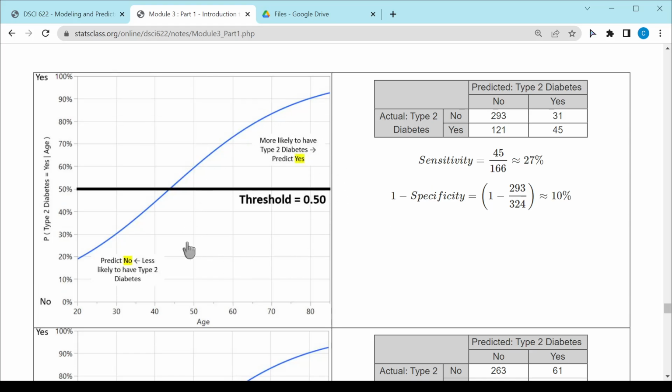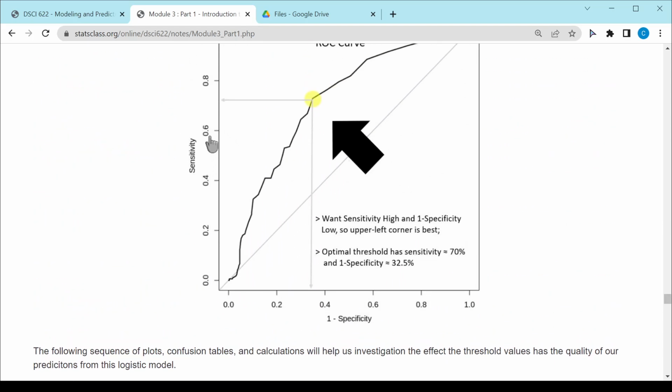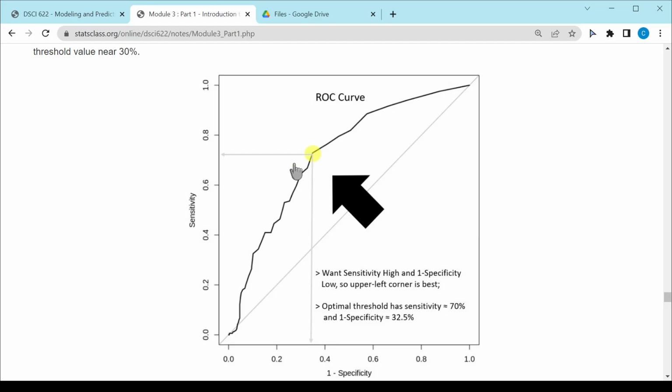This is the threshold that I started with, right? 50%. And recall the sensitivity was at 27%, and my 1 minus specificity was at about 10%. I can do much better with a different threshold. I can increase my sensitivity up to about 70% if I move my threshold.